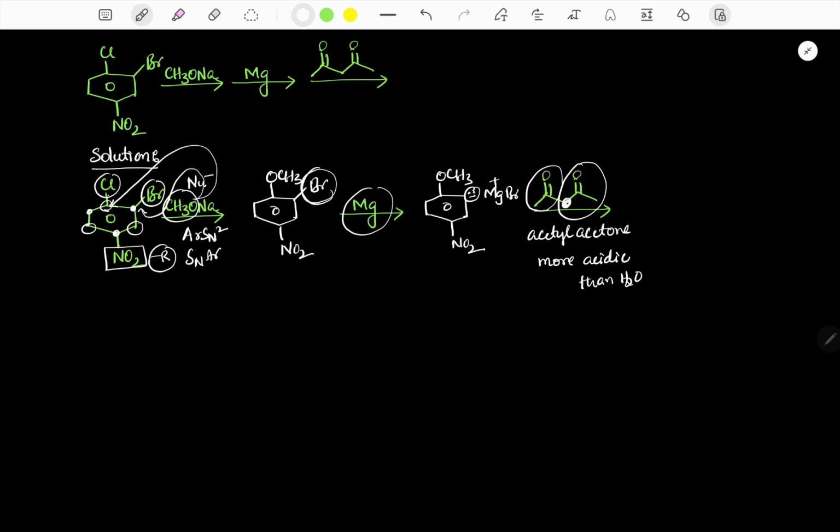So C minus removes the proton from the active methylene and forms the corresponding product. After removal of proton, it forms the corresponding carbanion. So be careful about the Grignard reagent. Whenever you see the Grignard reagent, first always look for the acid base reaction.